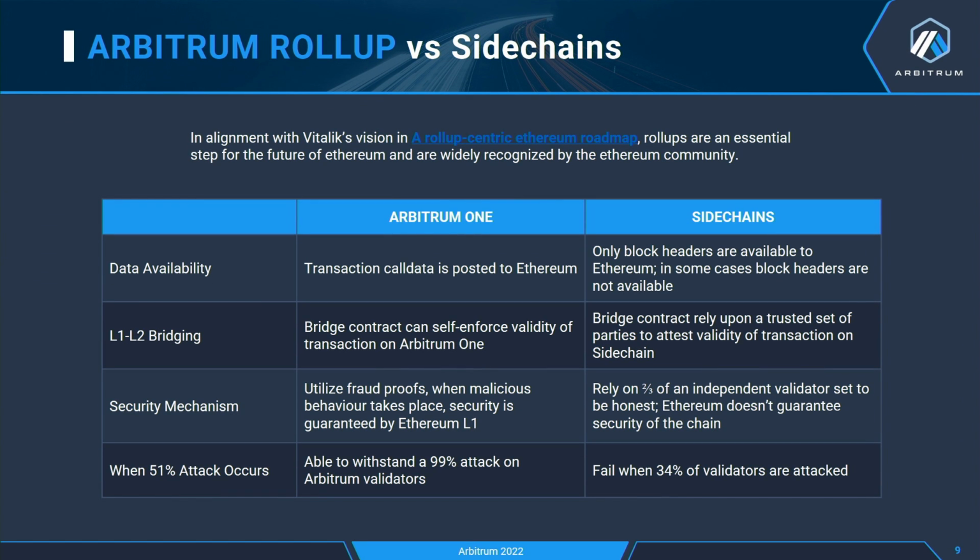So a little bit on the technical side about Arbitrum rollup versus sidechains, because a lot of the other alternative approaches to getting this scaling are using these really alternate chains where, rather than deriving from Ethereum, rather than benefiting from the security of Ethereum, you instead have an entire different ecosystem, an entire different chain. All Arbitrum data is posted to Ethereum, which means the actual metadata associated with your NFT is on Ethereum.